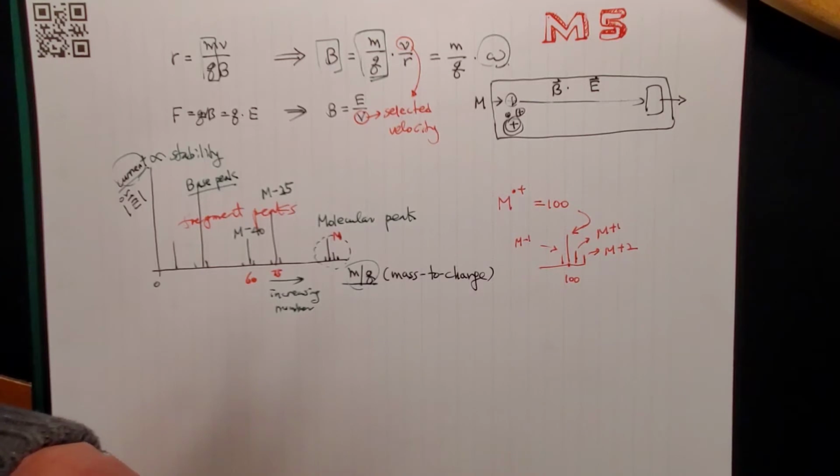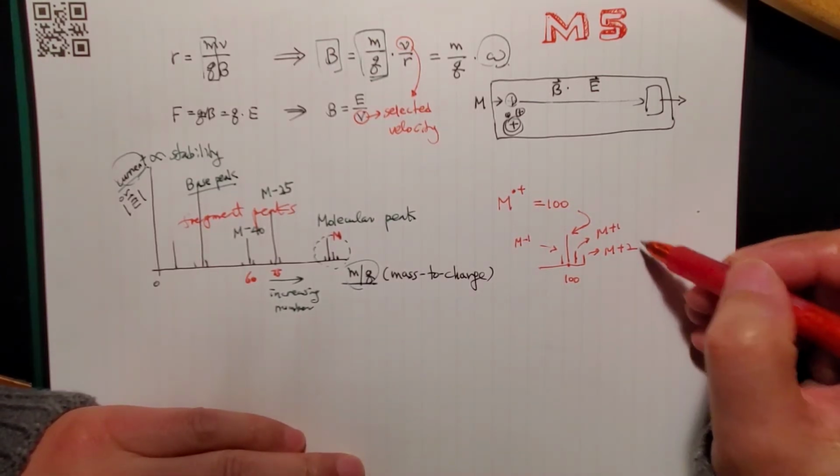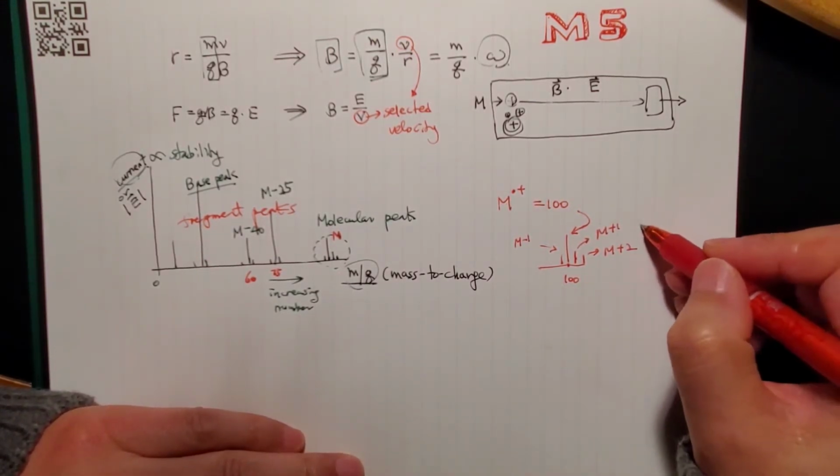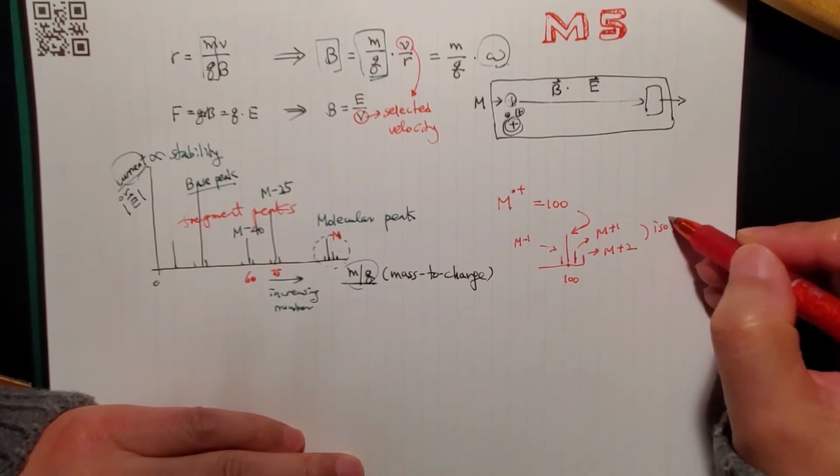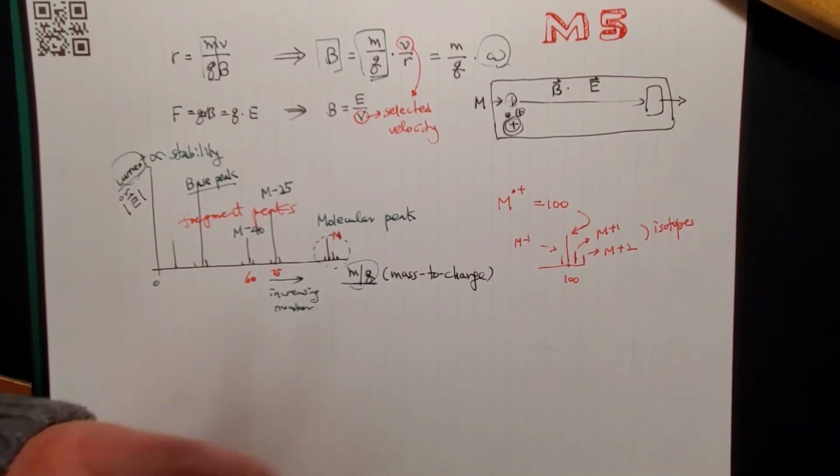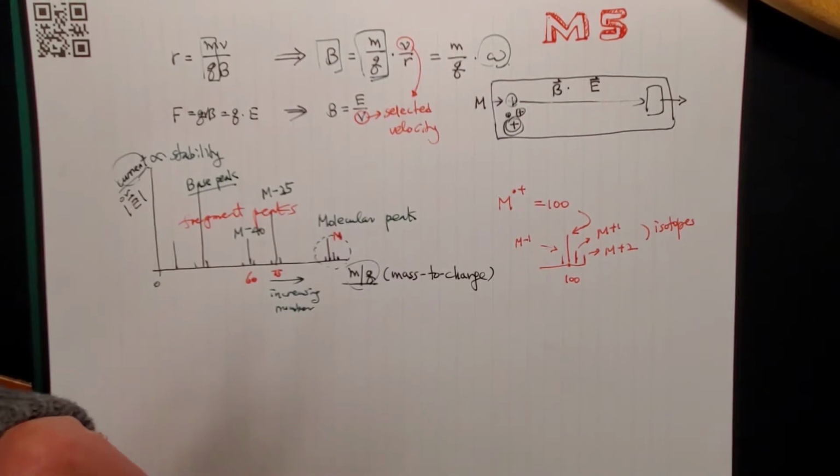And it's not always the case, but most of the time these are isotopes. You know about the natural abundance of isotopes, right? That's why we get the atomic weight and the molecular weight. That's the average of all the naturally abundant isotopes of each element.